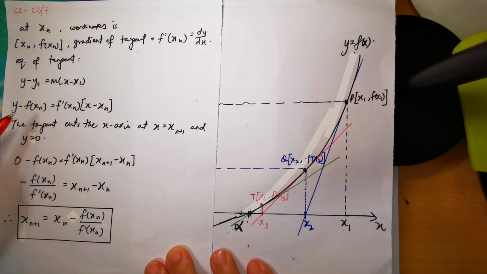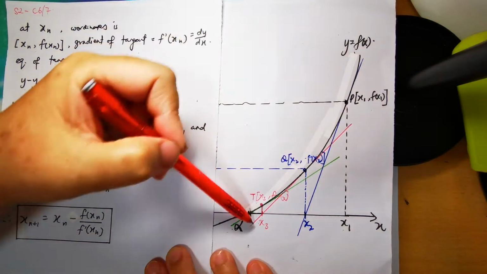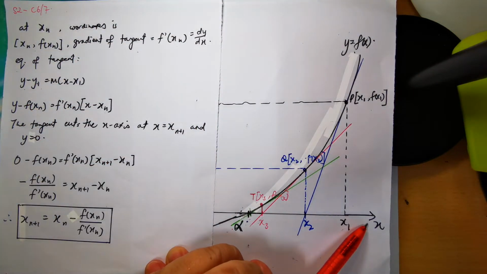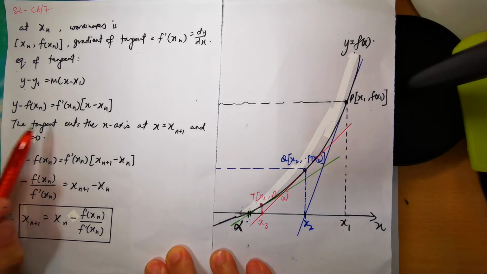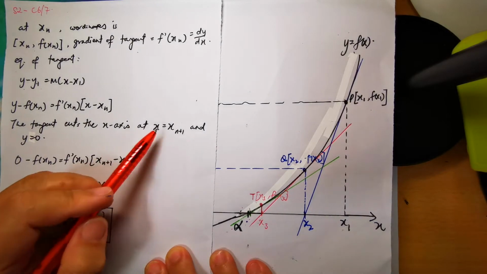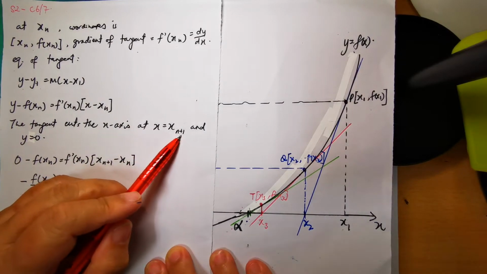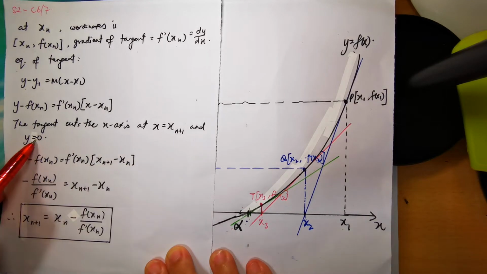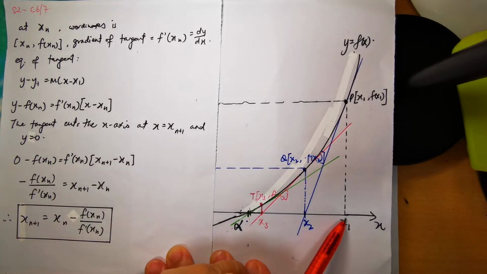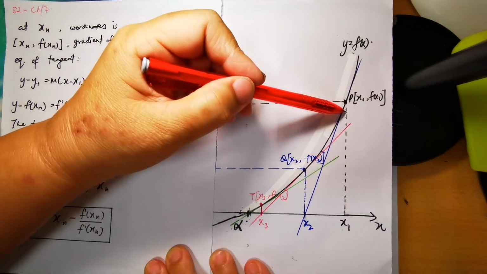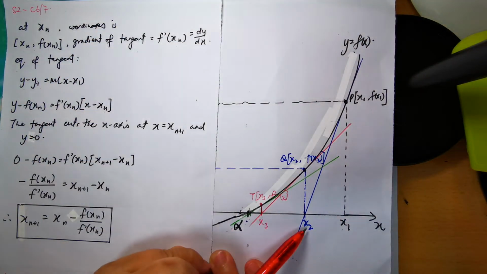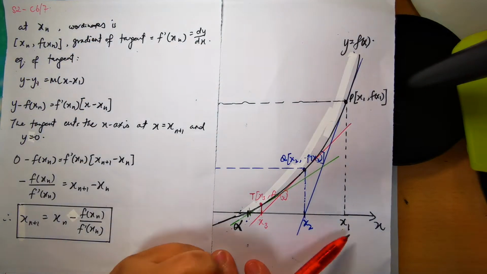And we know that each tangent line will cut the x-axis. So the tangent will cut the x-axis at x equals xn plus 1, and then y equals 0. For example, this is x1. So at point x1, the tangent cuts at x2. So this is n plus 1, 1 plus 1.